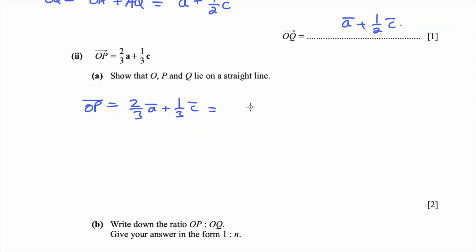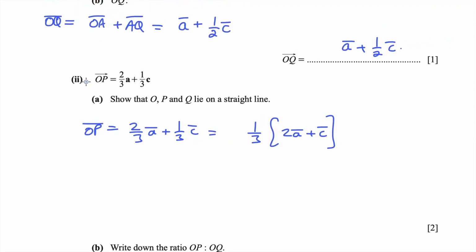This is nothing but 1 by 3 into (2a bar plus c bar). Now what do we know? We know from the previous answer that OQ bar is equal to a bar plus half c bar. So if I take this as half, that means half into 2a bar is a bar, plus half c bar.